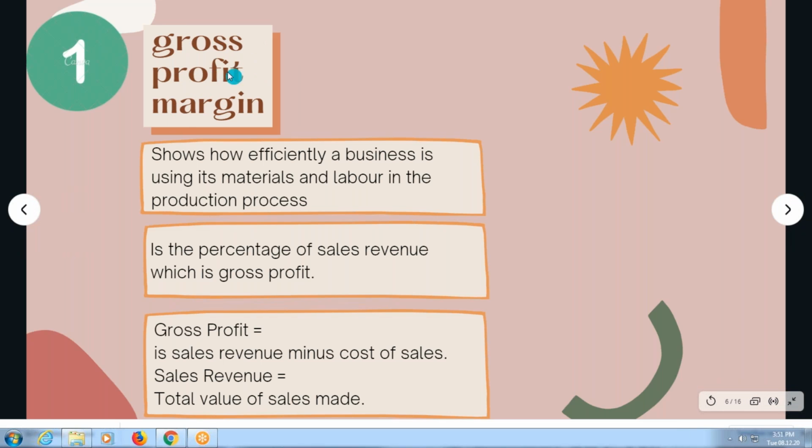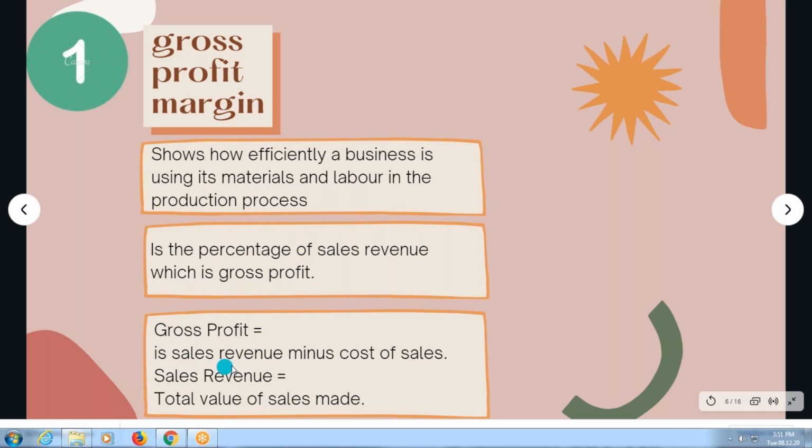So the first is gross profit margin. It shows how efficiently a business is using its materials and labor in the production process. This is a percentage of sales revenue, which is gross profit. So there are sales revenue and gross profit. Sales revenue and gross profit we already learned in the last meeting when we learned about the income statement and balance sheet.